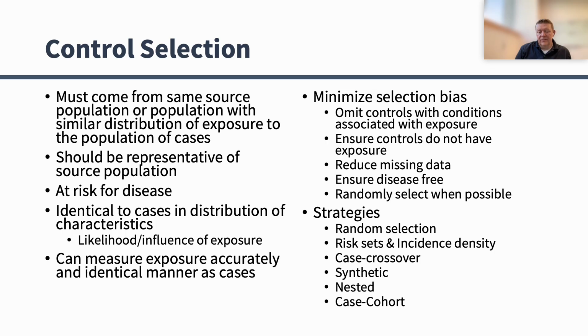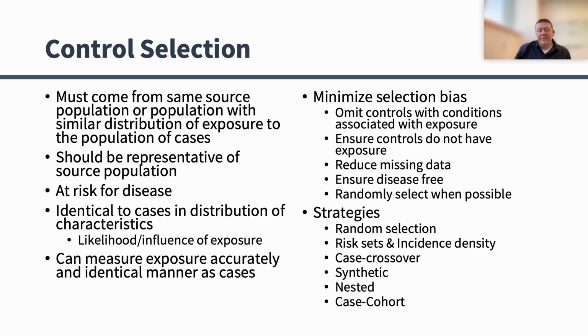So in the case of these two studies where we have road segments of different types, they should be at risk of having a pedestrian collision or a bicyclist collision, a fatal bicycle collision. And so we want to make sure that these controls are identical to the cases in the distribution of some characteristics that may have some likelihood and influence of exposure.